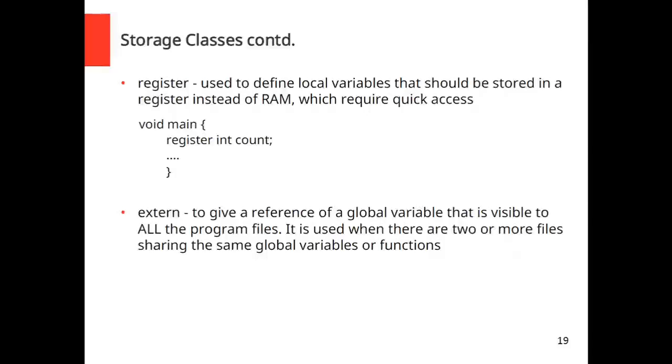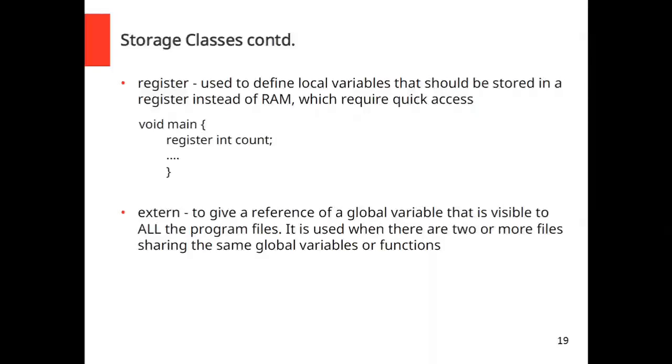Next is the register storage class. The register storage class is used to define local variables to be stored in a register instead of memory. This makes the variable quicker to access, because it is closer to the CPU, and it can be processed much faster.